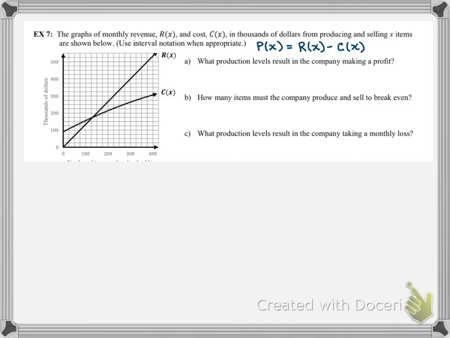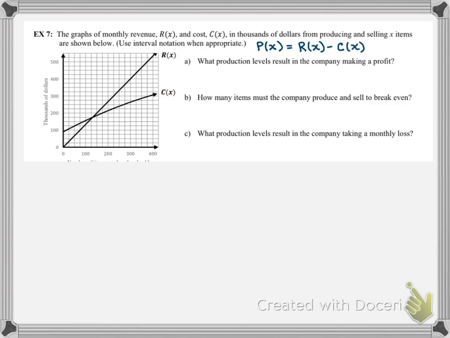So if I want to make a profit, Hannah, what can you tell me about revenue and cost if my profit is positive, if I make money? When we subtract them, we're going to get a positive number. Yeah. So how do they compare to each other?